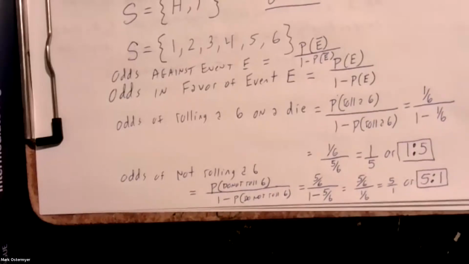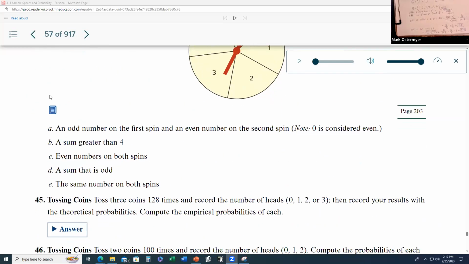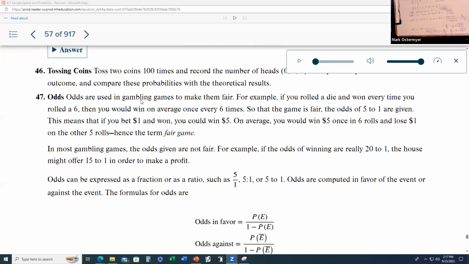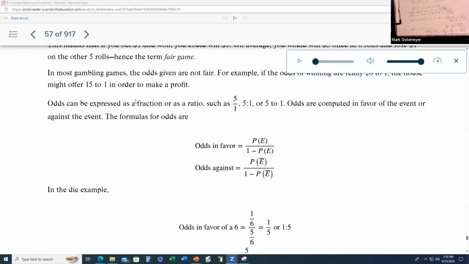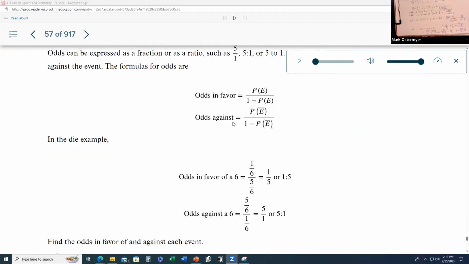All right, let's go down to number 47 here. We're running low on time here. This is all expressed in problem 47, ladies and gentlemen, odds here.